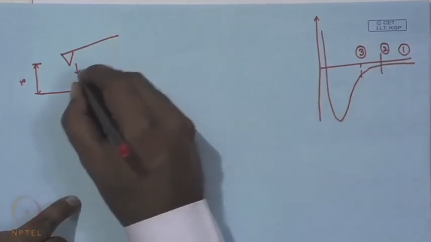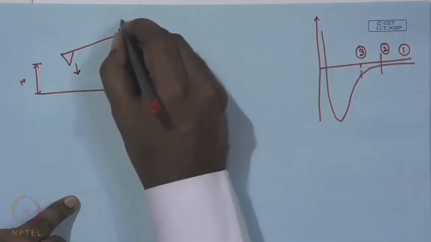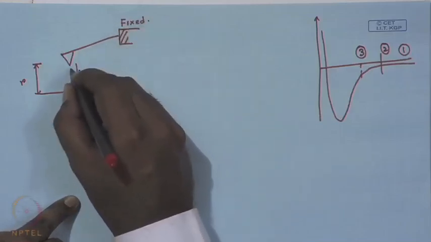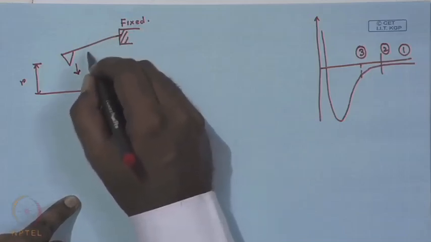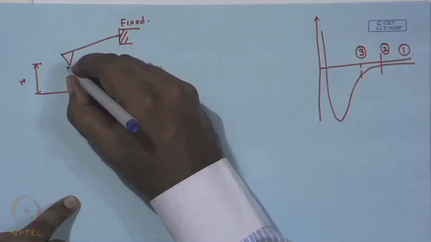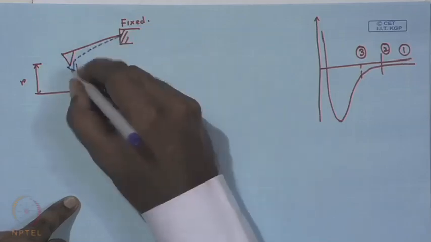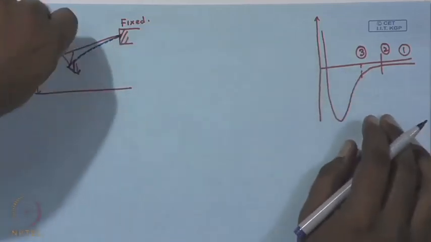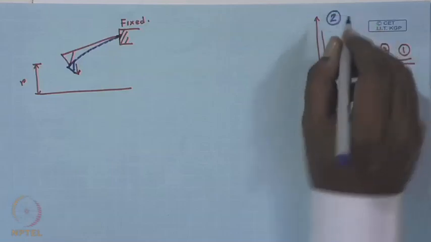So, there is an active interaction and this is fixed at this end and this feels an attraction, and additionally the cantilever is soft enough to deform to these type of forces. So, what happens is the tip starts to bend like this because of the attraction it feels from the approaching surface.